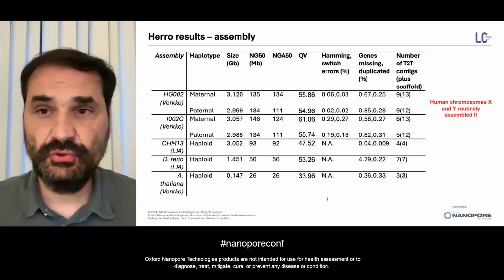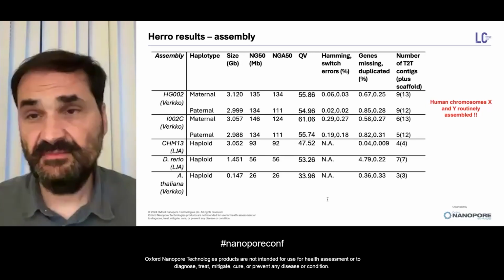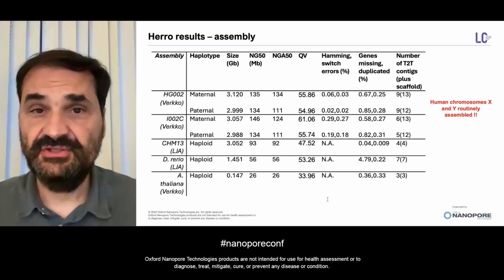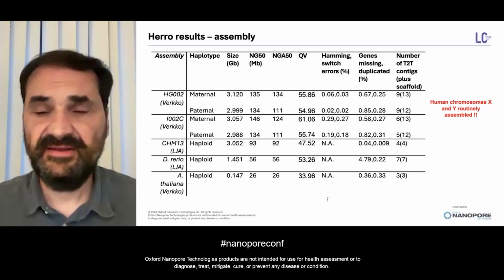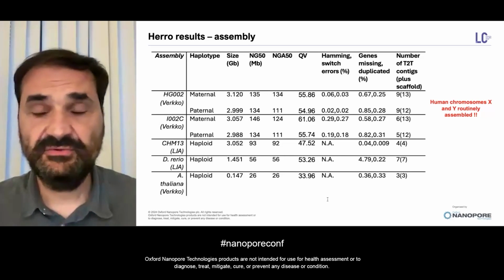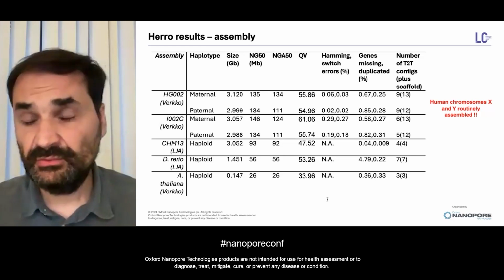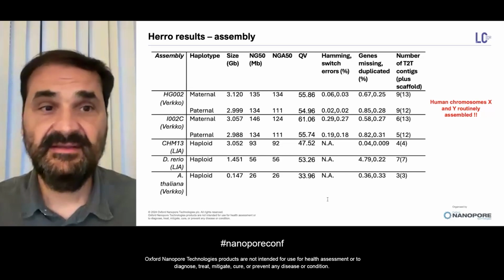Here we just show how HERRO can be used for error correction and then de novo genome assembly. You can see 5 results for 5 genomes here. The first 2 are diploid genomes, HG002 and our internal genome of a Singaporean of Indian descent.